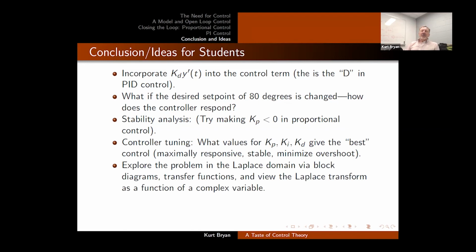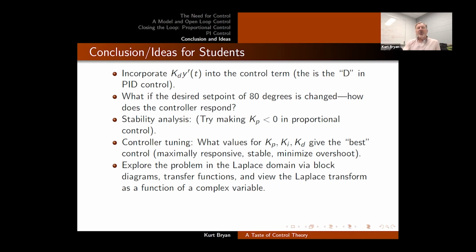And then the engineers themselves would very much approach this in the Laplace domain right from the get-go. They would not even write down that horrible integral differential equation. They just view it straight away in the Laplace domain, and they use the language of what are called block diagrams and transfer functions. And I actually put this in the Simio textbook.